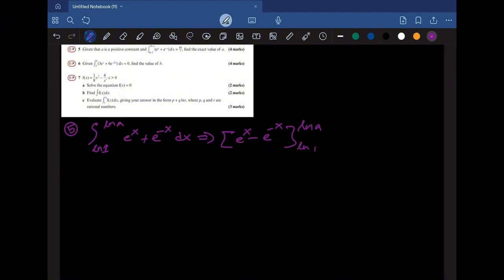Now if we integrate it, we can write it down as e to the power of ln a minus e to the power of minus ln a, minus, now we will put the lower limit ln 1, so e to the power of ln 1 minus e to the power of minus ln 1.